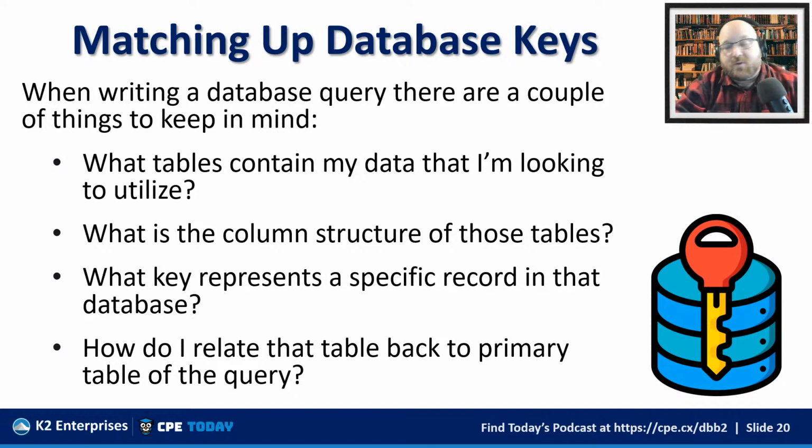For example, the order ID on the order details table will relate back to the order ID column in the order table. From the order table, the customer ID column, the ship to ID column or the bill to ID column relates back to the customer table. These are the questions I usually think about, and I always try to identify the most raw, most important data that I'm working with at any given time.